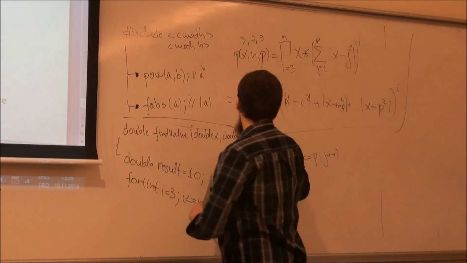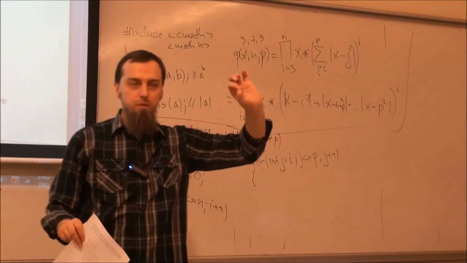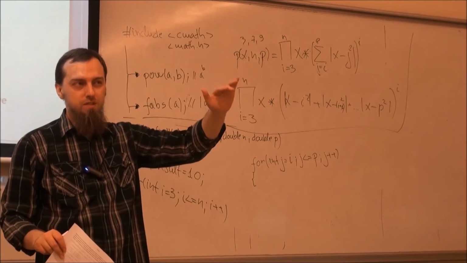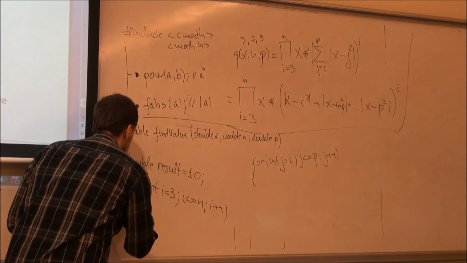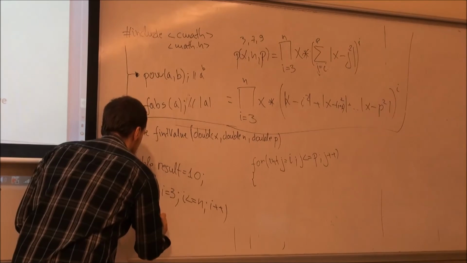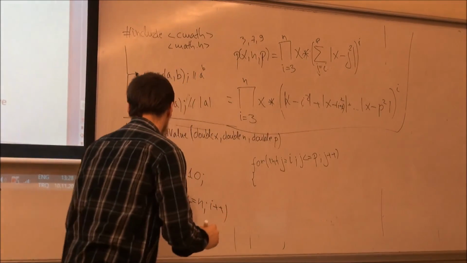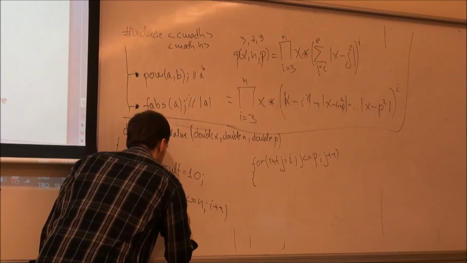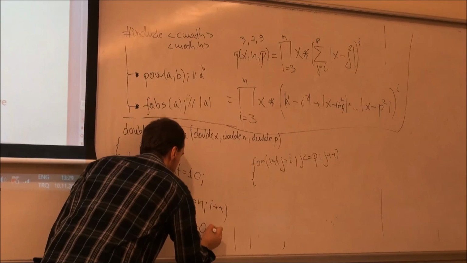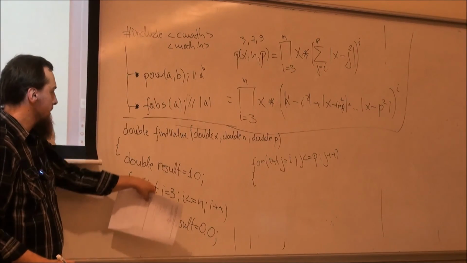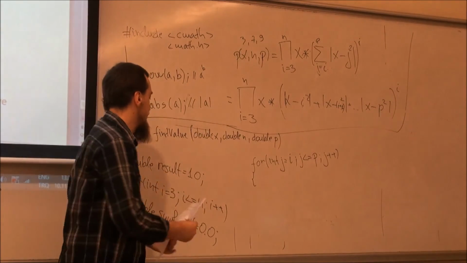Before doing it, we should find the summation. Initially, what's the value of the summation? When you have multiplication, we start from 1. When we have summation, we start from 0. That's why we have another variable called sum result, and sum result is going to find this part here. Initially, it's 0.0, and the double result, the final result of this whole formula, is 1.0.